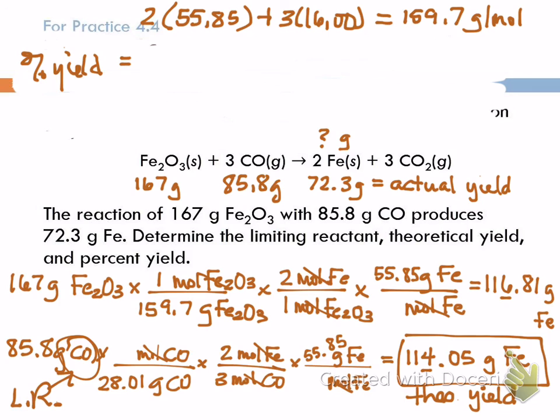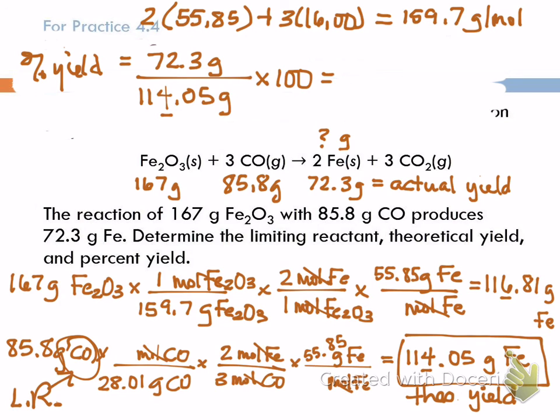The actual was given to us, 72.3 grams. The theoretical is 114.05 grams. And then we have to multiply by 100 to make that a percentage. 72.3 divided by 114.05 times 100.